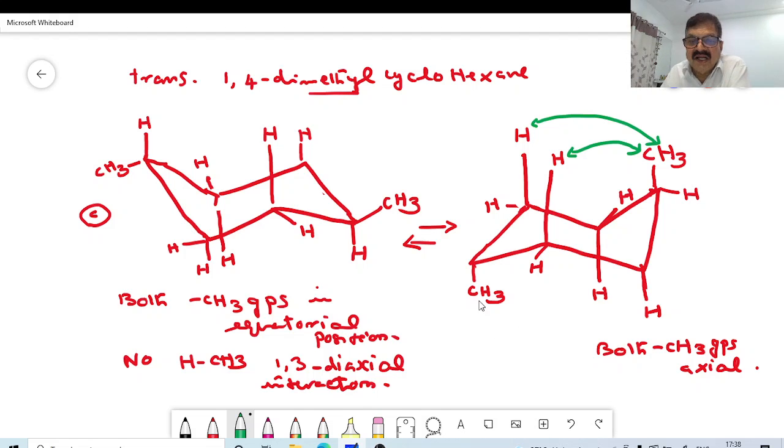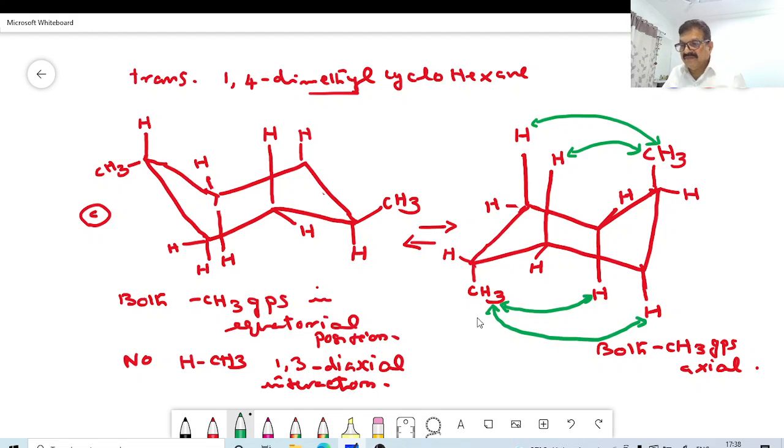Then on the downside of the ring, I have not marked the hydrogen, it is understood. This methyl group and this hydrogen atom can interact, and this methyl group can interact with this hydrogen atom.